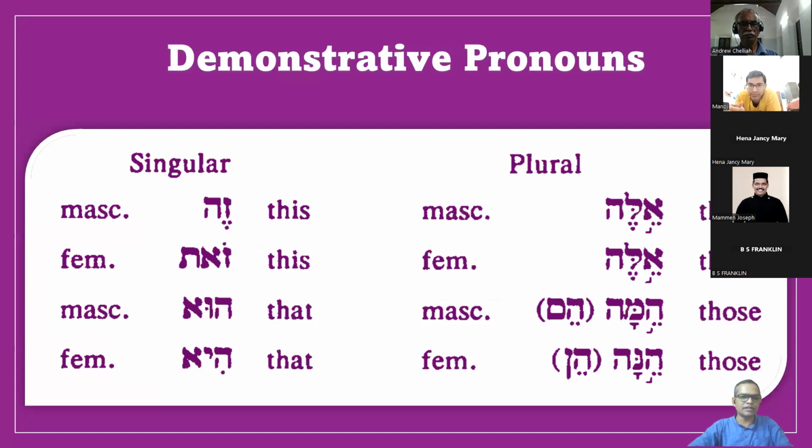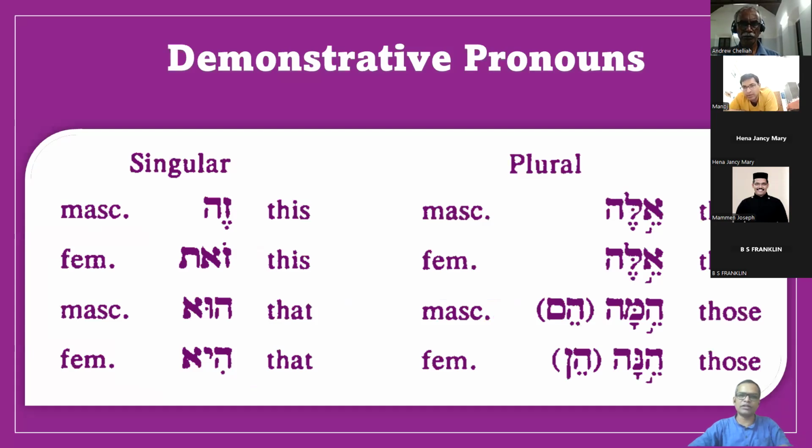Okay, so if you see, in singular form you have masculine and feminine singular. The meaning is this only, but the forms are different. Okay, ze is this masculine singular, zot is feminine singular. This, the meaning is same. But when there is a feminine noun, zot will be used.